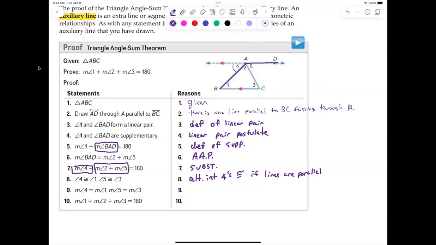I understand, but also, on the test, when we had the proofs, if you tried to make two things corresponding or alternate interior, you couldn't, because only one of the lines was parallel. Well, because we said AD is parallel to BC. We said that's true. What two lines are parallel? Or the other two lines are. Yes, that's true. That's why angle 1 and angle 4 are alternate interior, and 3 and 5 are alternate interior.